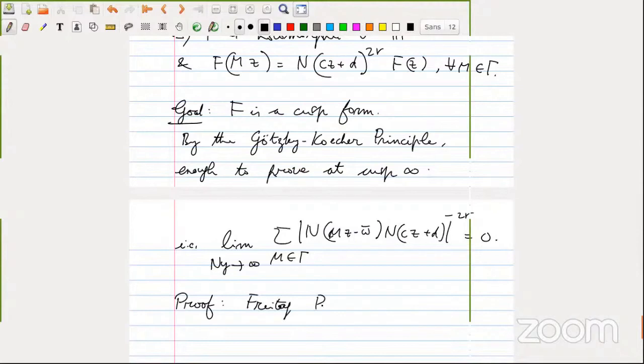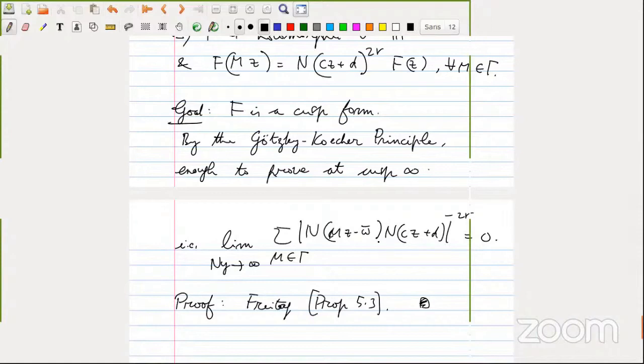Proposition 5.3. Okay, so the first thing to note for the proof is that there is a certain symmetry in this sum. Even if I interchange the z and the w, the series is not going to change.